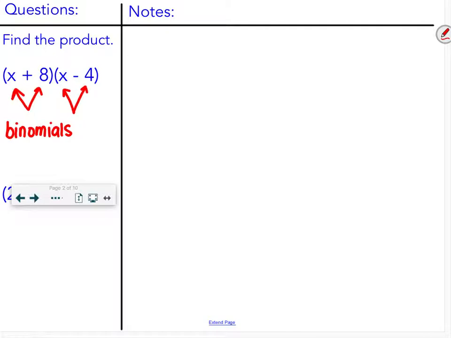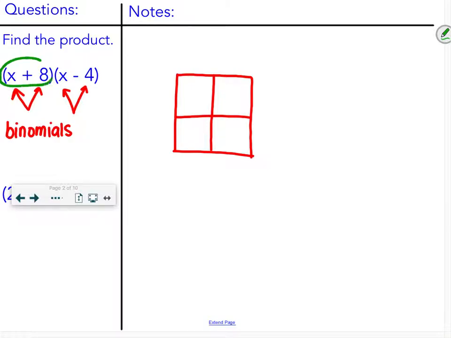In order to multiply binomials, and this just works for binomials, we are going to do something called the box method. So we are going to make a box. You take one of the binomials. I'll take this x plus 8 first, and we put the x here, and then it's a positive 8, so I'm just going to write an 8 there.